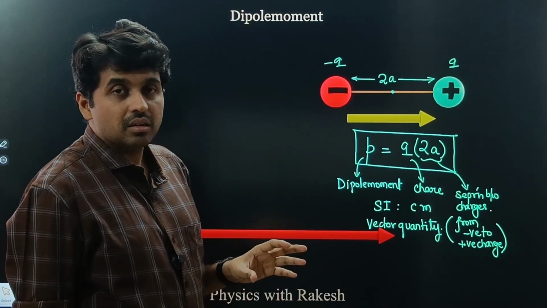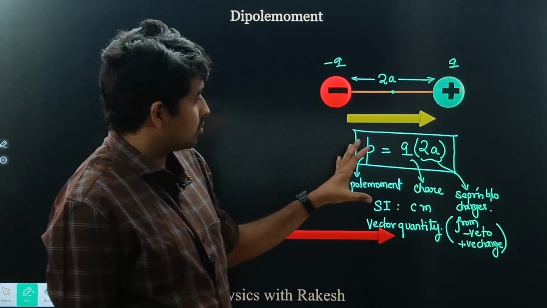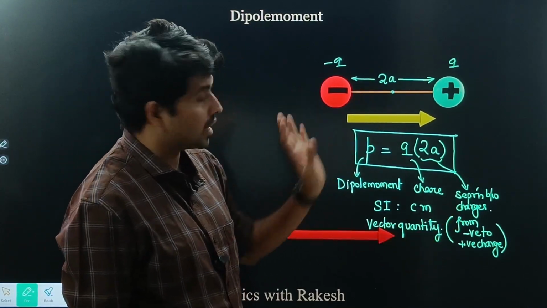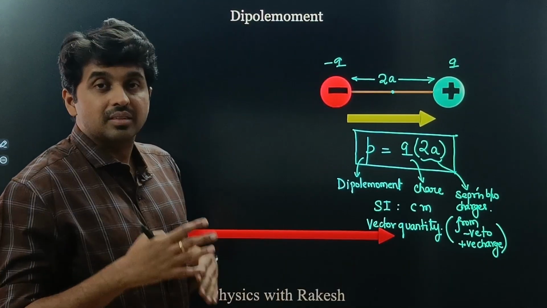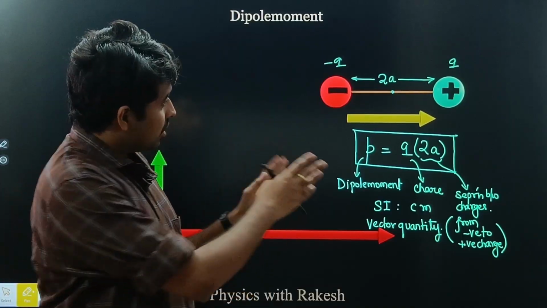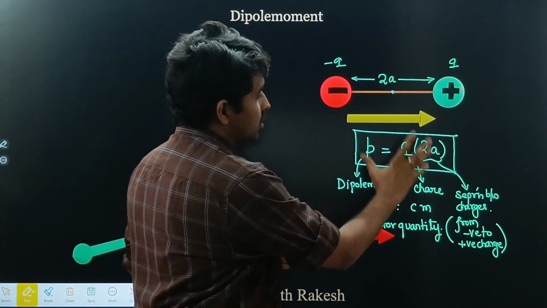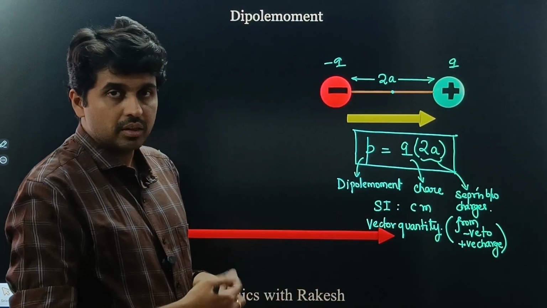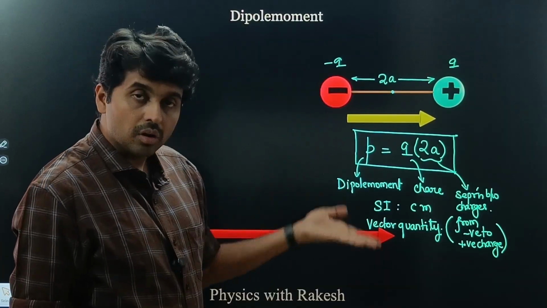Let us see another definition actually of this dipole moment, so that you won't get confused with this direction also. See, for a system of charges, till now we know that this is a dipole, this is dipole moment, this will be followed everywhere in the dipole concept.